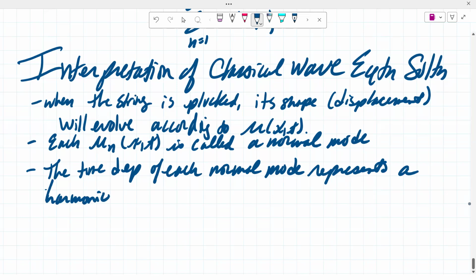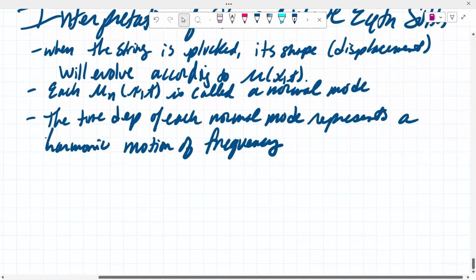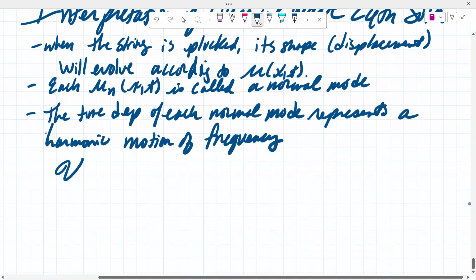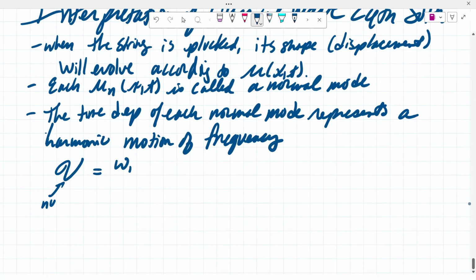A harmonic motion of frequency mu equals omega sub n over 2 pi equals v sub n over 2L.